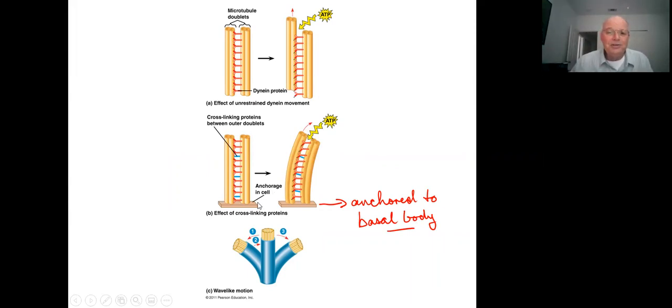And because these can't move, when the dynein arms move against the microtubules or pull against the microtubules, it causes the whole microtubule array to sway in one direction and then to sway backwards in the other direction, which is why the cilia and flagella at the base wave backwards and forwards. And that's the basis for their movement.